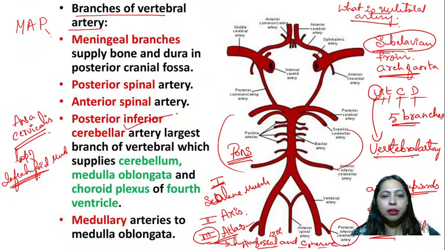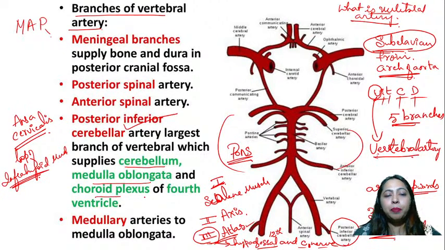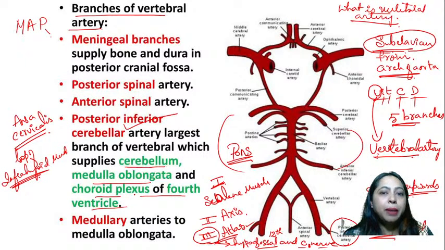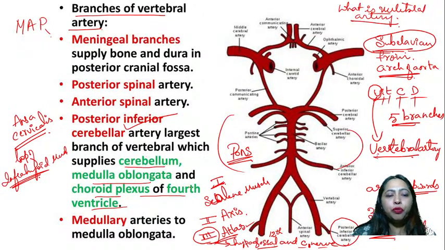So you can see here, this is the largest branch that comes from the vertebral artery, which supplies not just the cerebellum, but it also supplies the medulla oblongata, and also it forms choroid plexus of the fourth ventricle. So this is one important question. Which one contributes to the formation of choroid plexus in the fourth ventricle? So this particular artery contributes to the formation of choroid plexus in the fourth ventricle.